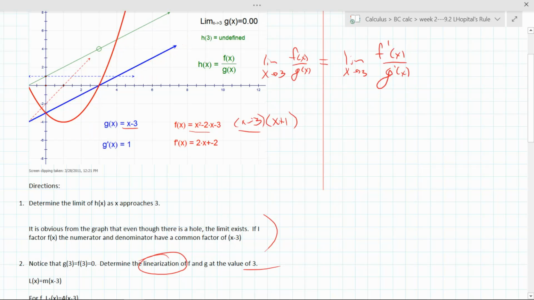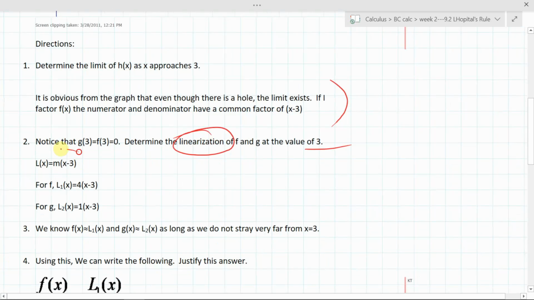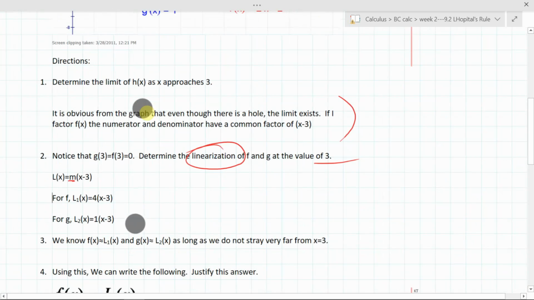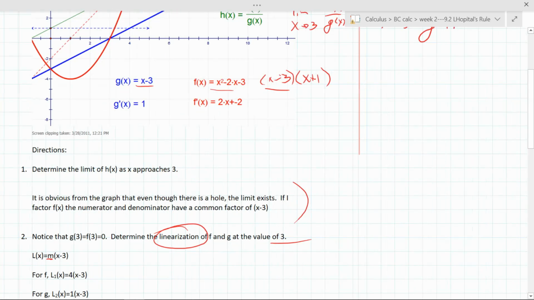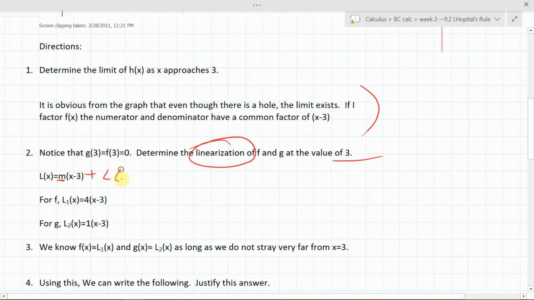So let's do that. In general, the linearization should be the slope times this x minus 3. Now, why is there nothing else there? Notice that both of those functions have a value of 0. So there is no plus f of 0 or g of 0, because they're 0.